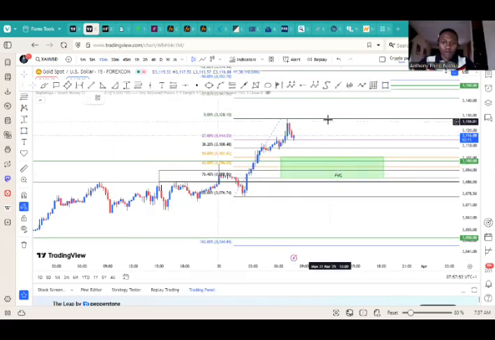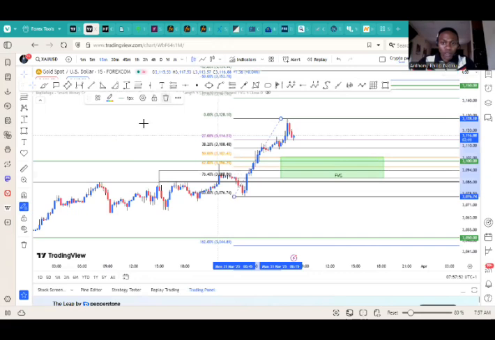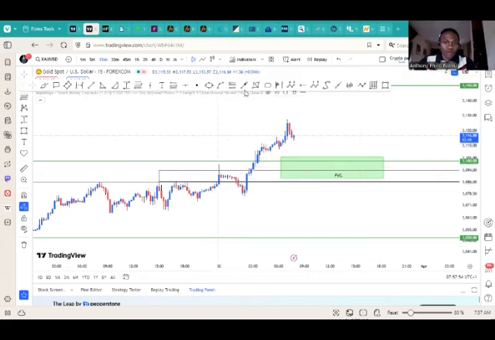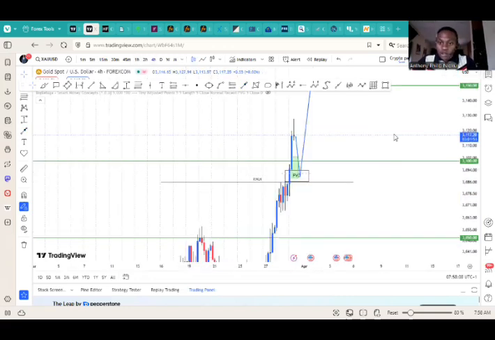This is where you should get a buy, no matter what's going down. Once price gets in here, start looking for your engulfing candles, your 5 minutes change of character, your 1 minute change of character, your MACD entry strategy. If you want to learn more about everything I'm saying here, you know where to reach me.